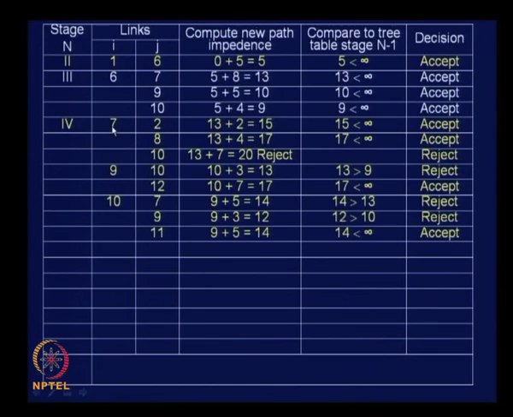To reach 7, the cumulative travel time is 13, we have already seen. 13 plus the link travel time of 2, so total time is 15, and this is less than the initial assigned value of infinity, so we are accepting this as the cumulative travel time from 1 to this node. And 7 to 8, 13 plus 4, 17, this is also less than infinity, so we are accepting. Then 7 to 10, 13 plus 7, 20.